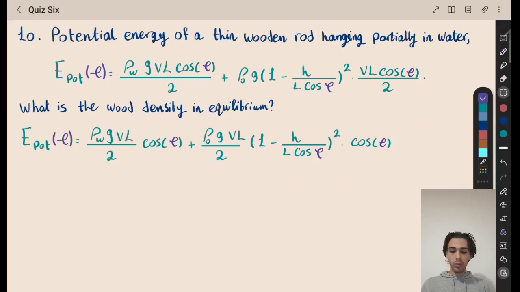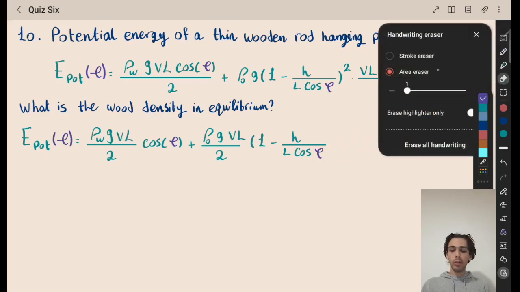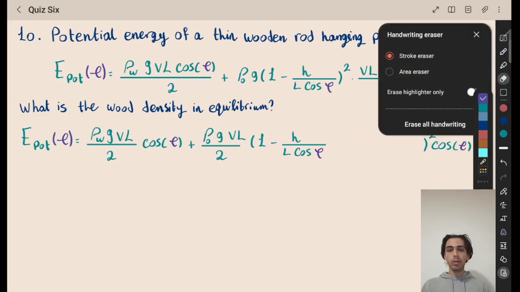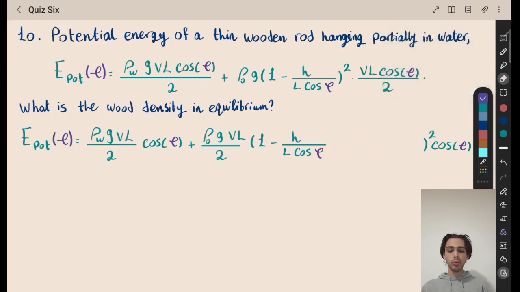And then there's this squaring and there's cosine of phi. So I would like to expand this, but that is just a preference of mine. You don't need to do like me. With mathematics, you can reach a solution in a multitude of ways. It doesn't have to be my way, but this is how I would do it.